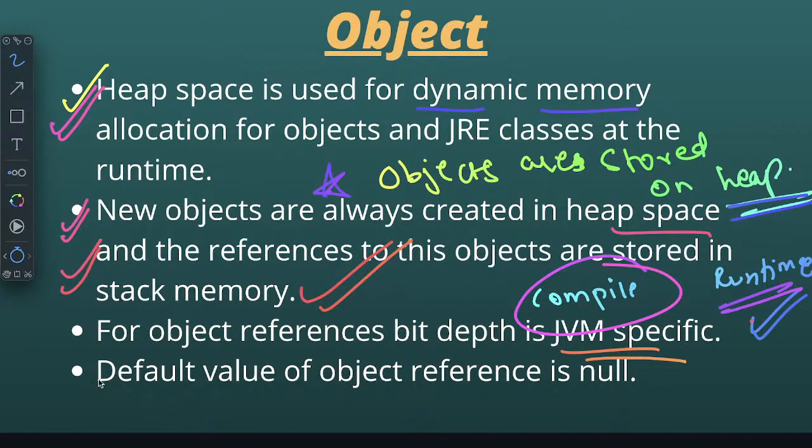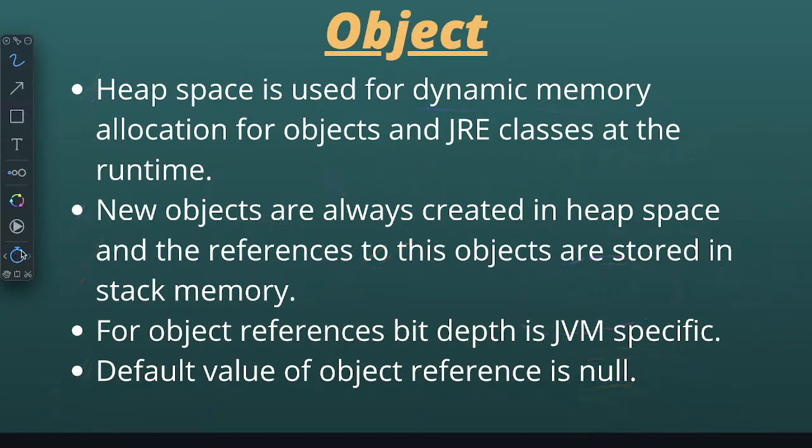The last point says that the default value of an object reference is null. You may ask why it is null, why it is not 0 or any such value. Our objects can have several properties: a name, a phone number, an email, or n number of attributes inside it.